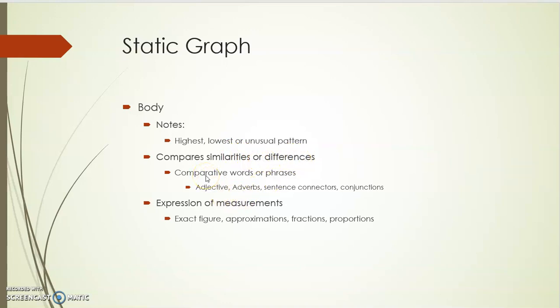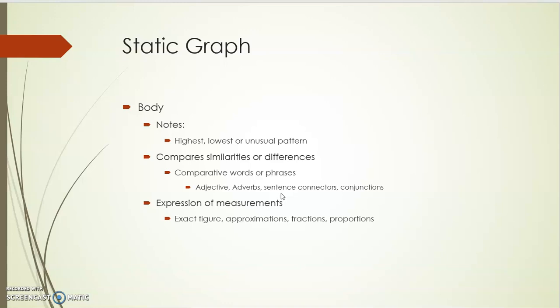In doing so, you will use comparative words or phrases. That includes adjectives, adverbs, sentence connectors, and conjunctions. Adjective words like comparative adjectives or superlative adjectives, or comparative adverbs or superlative adverbs. Sentence connectors here mean transitional words. If it shows similarities, then you use words that suggest similarities, like similarly.